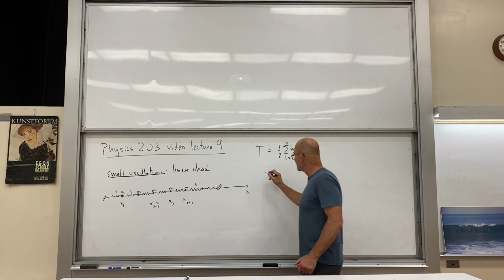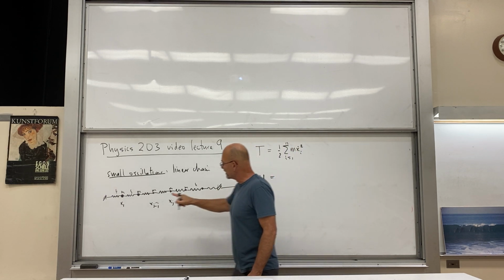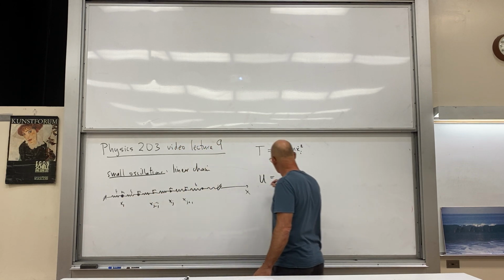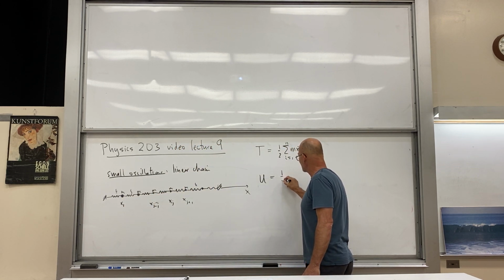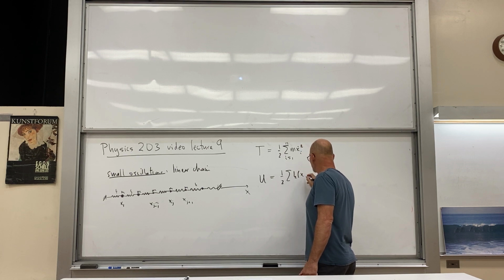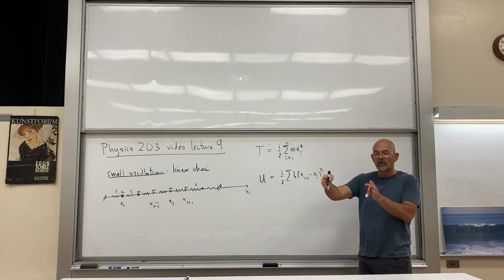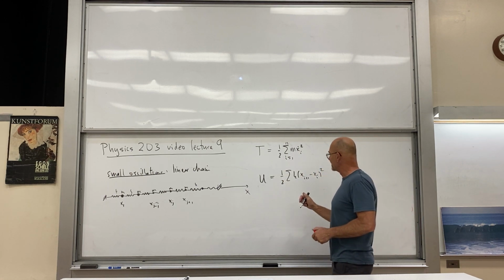For the potential energy, with the exception of the masses on the end here, we have 1/2 k (x_{i+1} minus x_i) squared, right? There's always the difference, and they were storing energy in the springs.